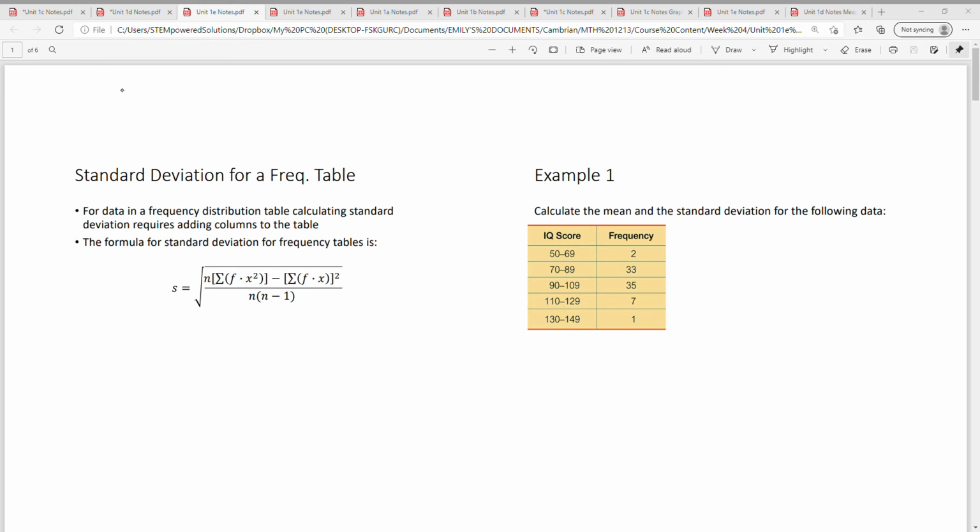So S is equal to the square root of 78 times the sum of 681,578.5, subtract... okay, so this is what our formula is leading us to right here, is basically this number right here.